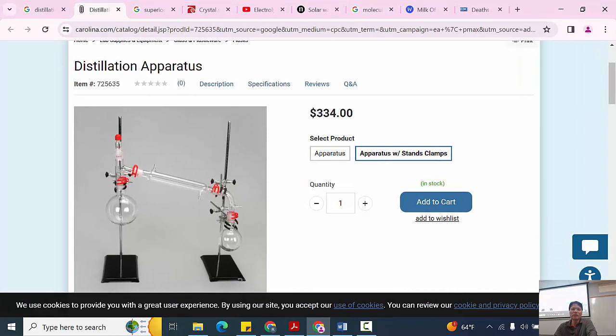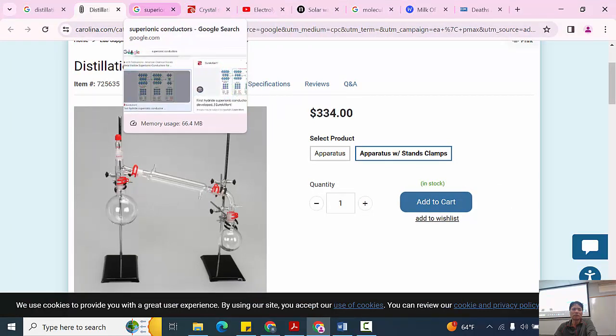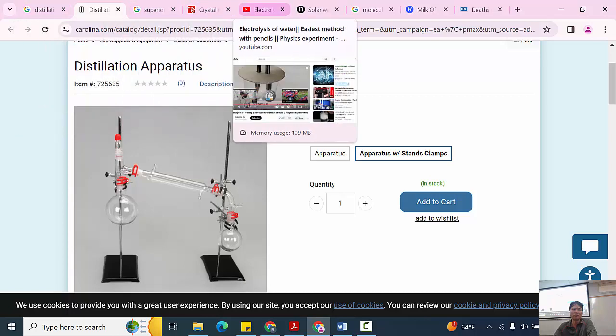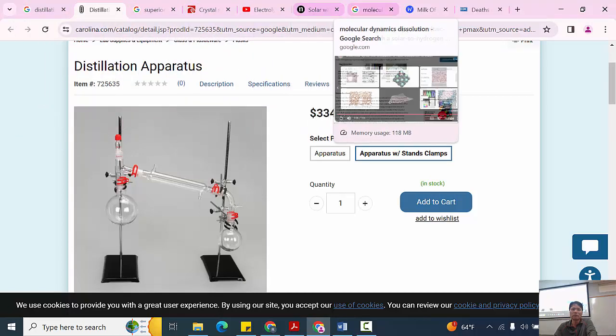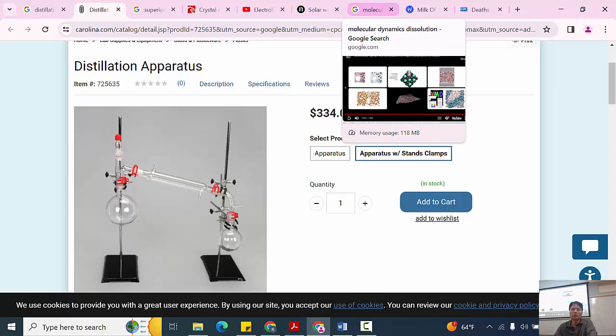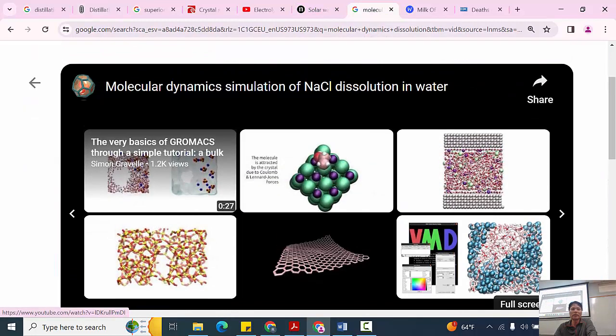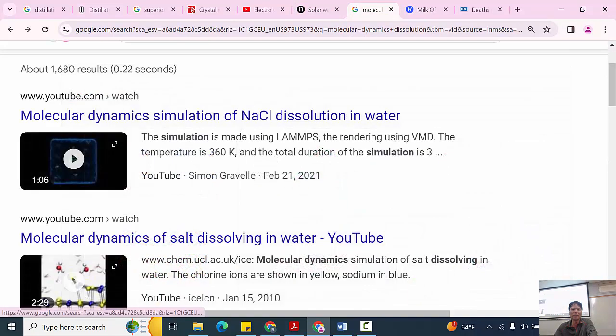We can use some quantum mechanics to simulate this. So this is called molecular dynamics, and it's just using quantum mechanics to take a look. Let's watch this.